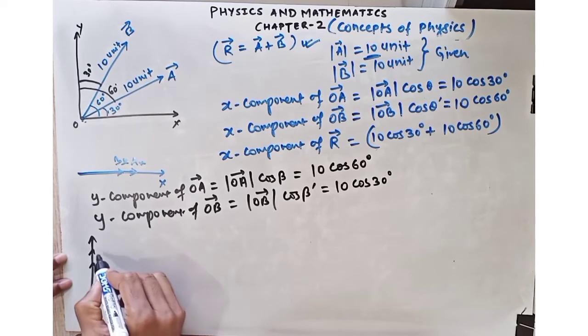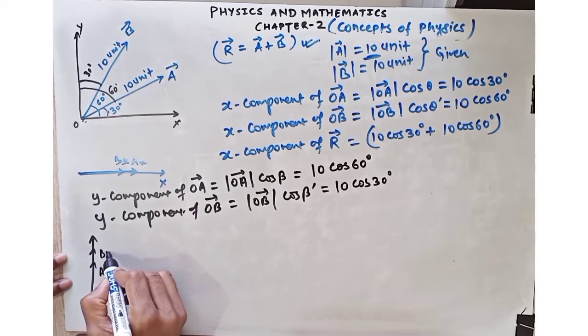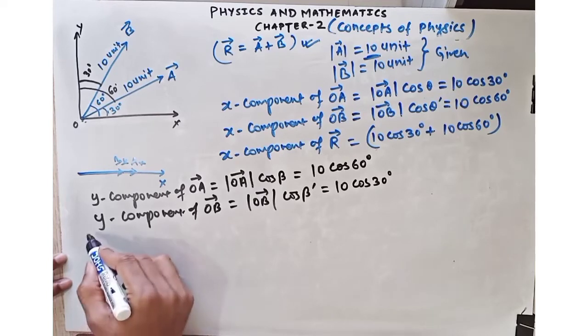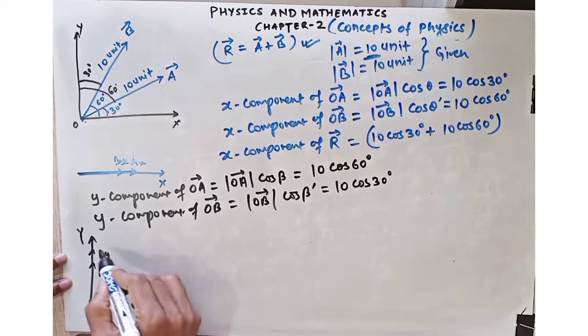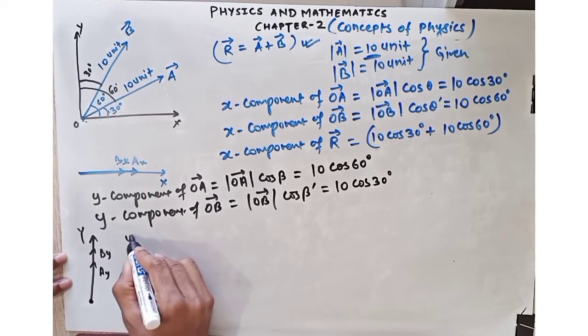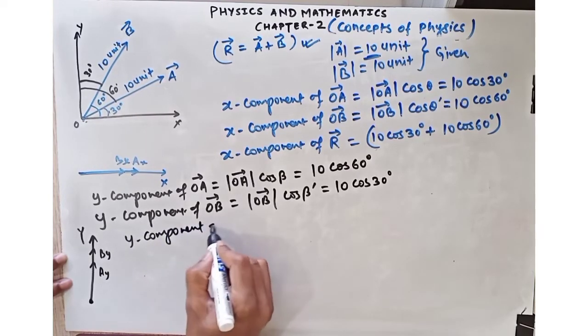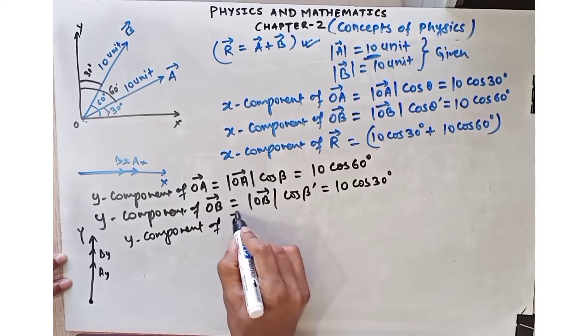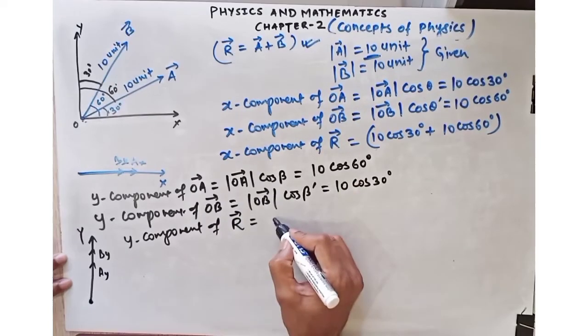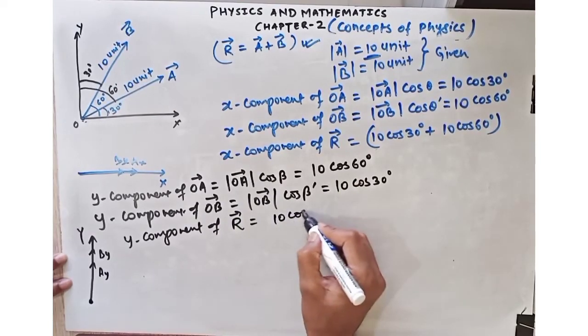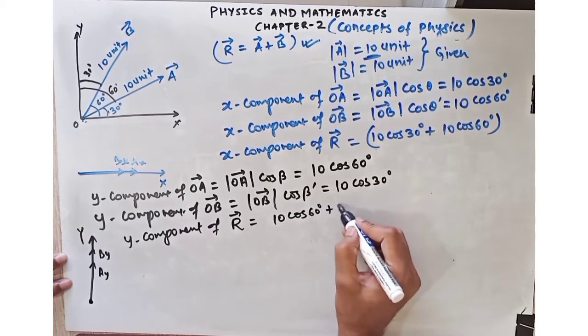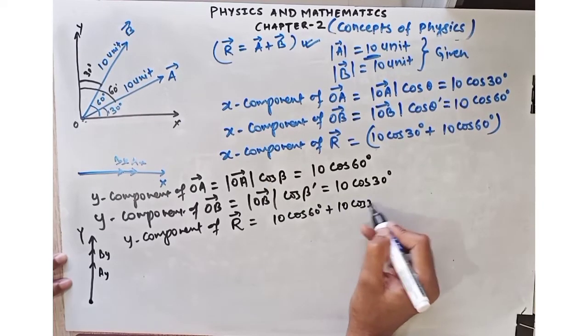Both are in the same direction, the y direction, so I can add them up. So the y component of the resultant vector r will be the sum of these two values, 10 cos 60 degrees and 10 cos 30 degrees.